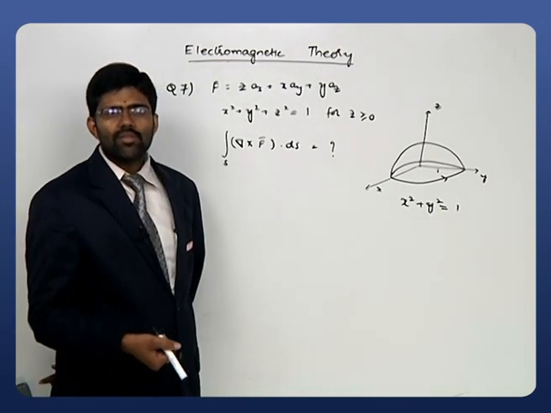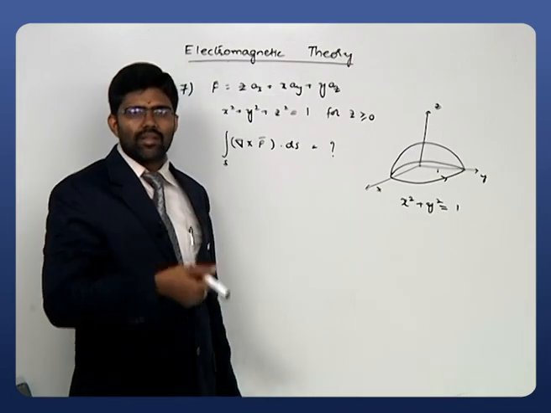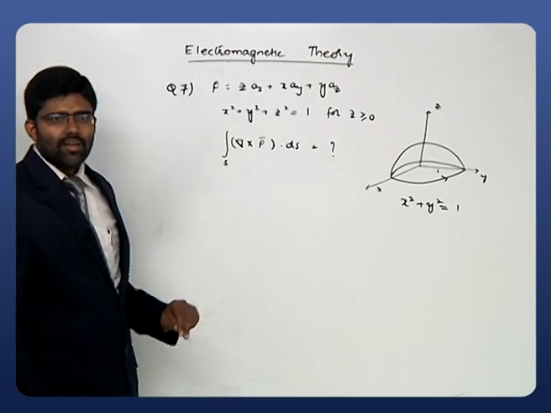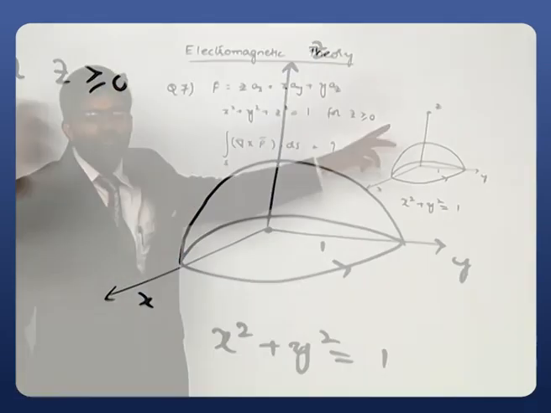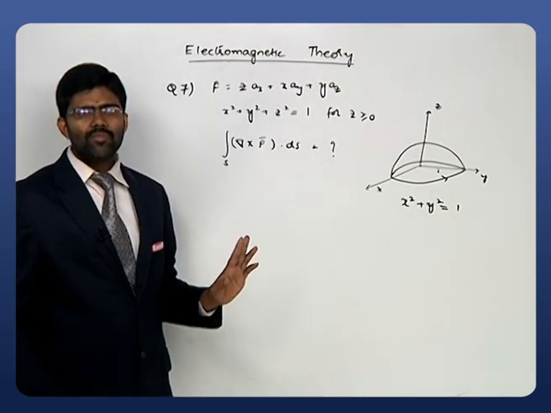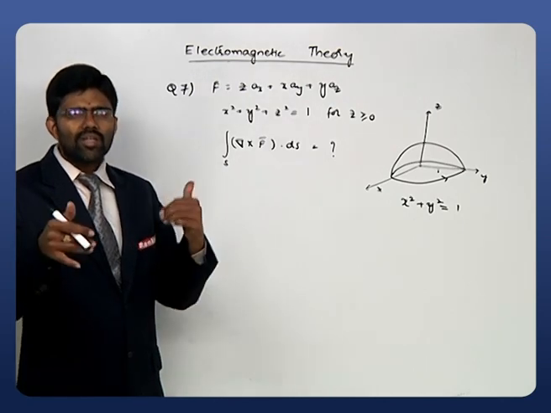For our convenience, I will take the equivalent of this x and y in the cylindrical coordinate system. Actually this was given in the rectangular coordinate system, and the shape is a sphere. For our convenience, you can take the equivalent of this in the cylindrical coordinate system. So here we are using the coordinates or parameters as convenient.